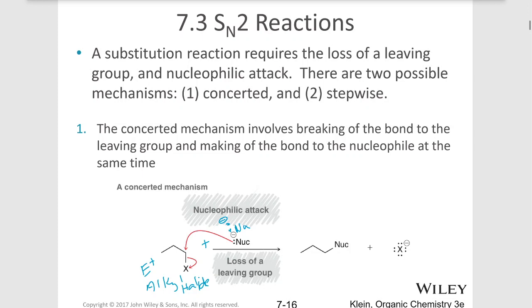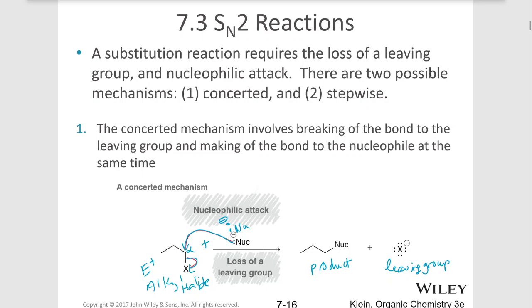So the nucleophile with its lone pair and negative charge, which is normal for the SN2 reaction, is going to attack at the alpha carbon. That's the carbon bearing the leaving group, okay? And it's going to kick that leaving group out. So it attacks at the alpha carbon and kicks out the leaving group. And then it forms our product, and the leaving group leaves.